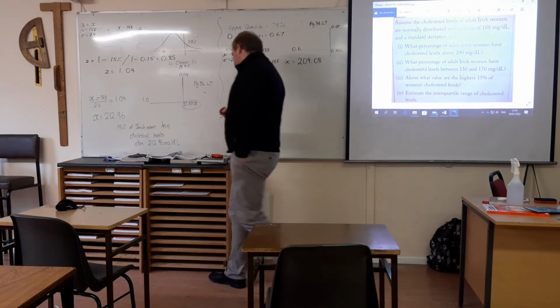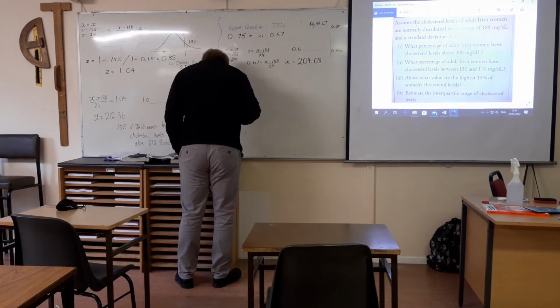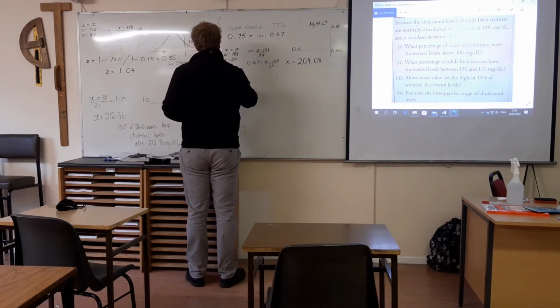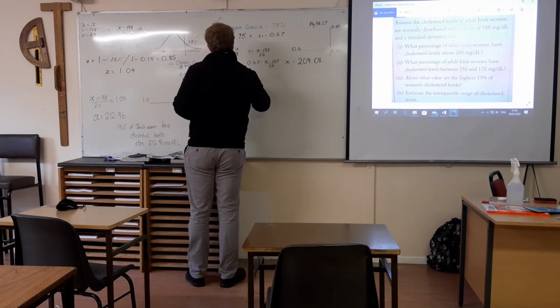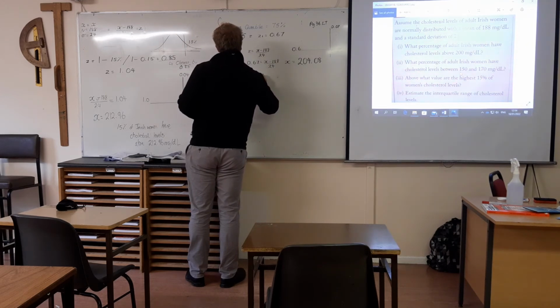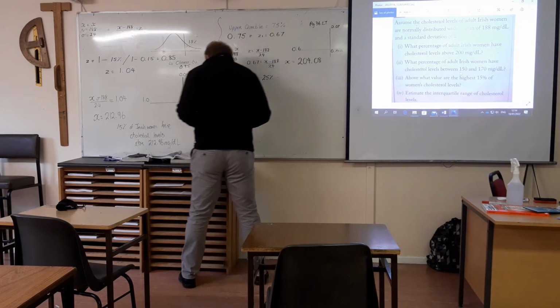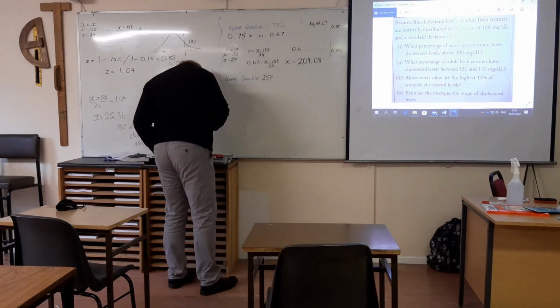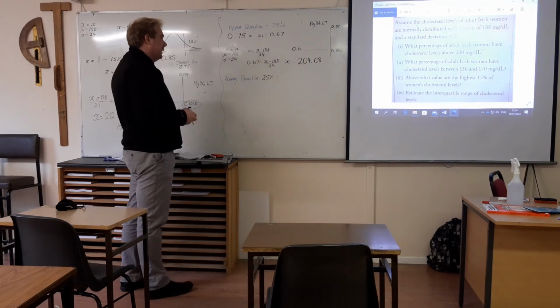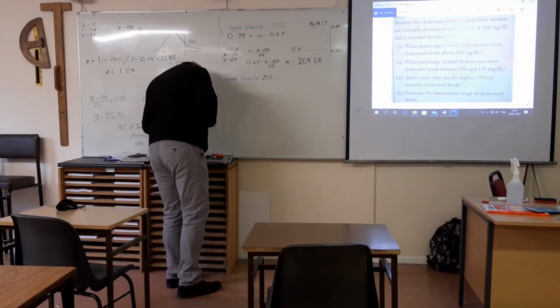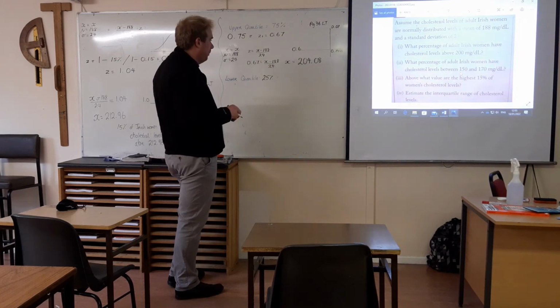Next, I'm going to calculate the lower quartile. The lower quartile is 25% of the data. So again, what we need to do is go to the z tables and see where 25% is. And when you do that on the z tables, what you will get is minus 0.67.